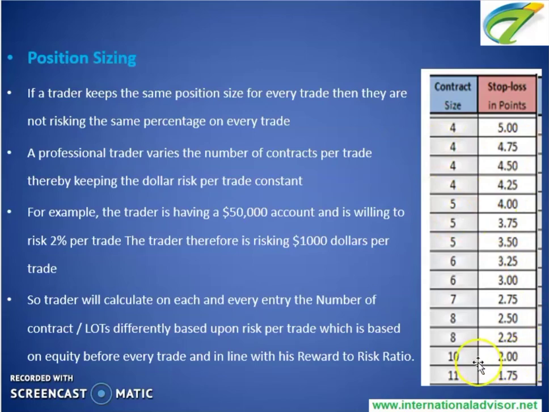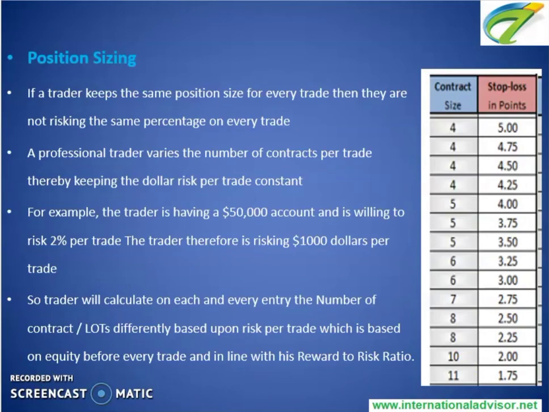So we will definitely change the number of contracts based upon our stop, and the stop is of course based upon price action movement, what charts are giving us. So this is how, in conjunction with risk per trade, ROI and risk to reward ratio, we calculate professional position sizing.